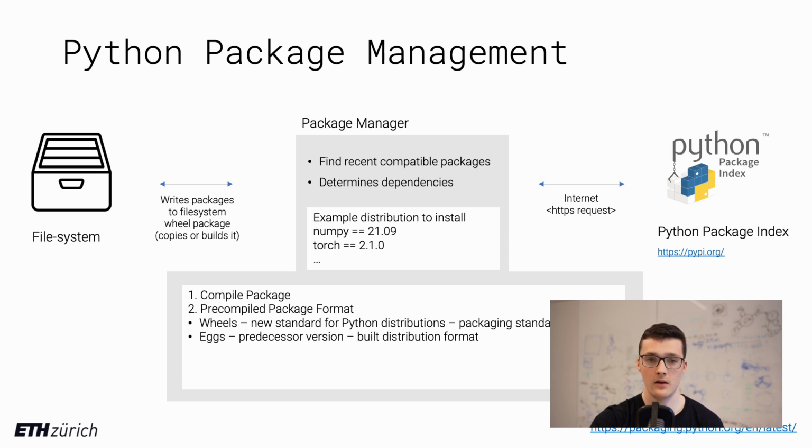There's wheel, or wheels, that is basically a fancy format of zip with a standardized naming on how to zip certain files together, such that you have a Python distribution for it. And they're usually built for a given system, so for example for ARM or for x86, and it's just a packaging standard. The predecessor to this was eggs, which is a different build format that is still used today, but not for modern projects anymore.